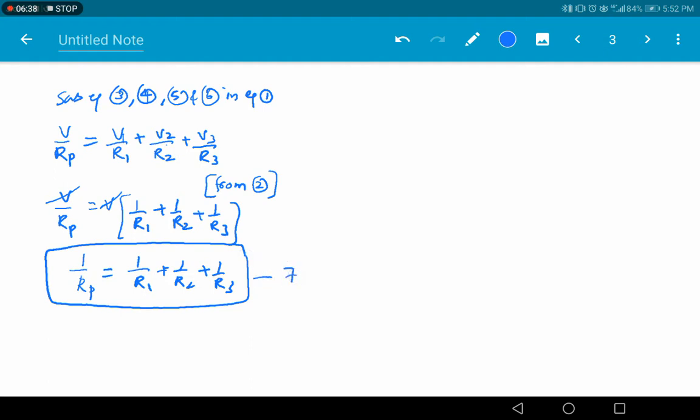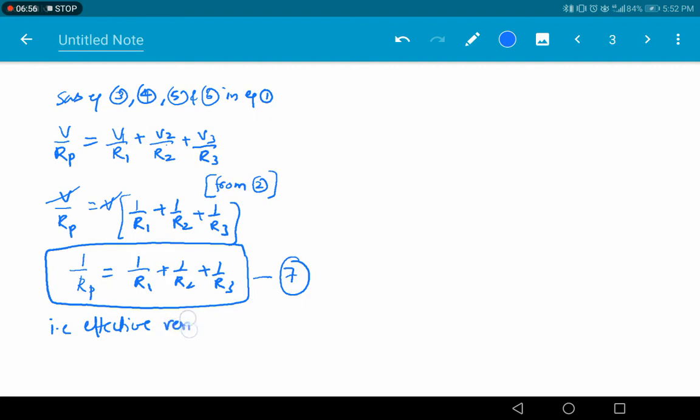So this is the formula for effective resistance in parallel combination. The statement is compulsory. If they ask you to derive the expression for effective resistance in parallel, you have to write the statement.